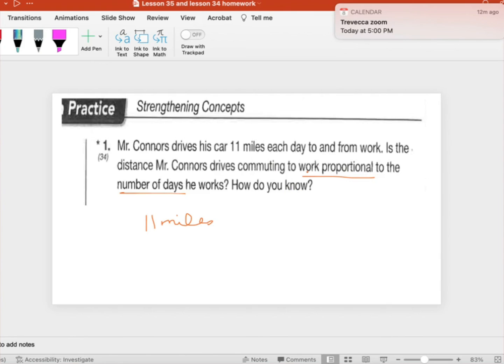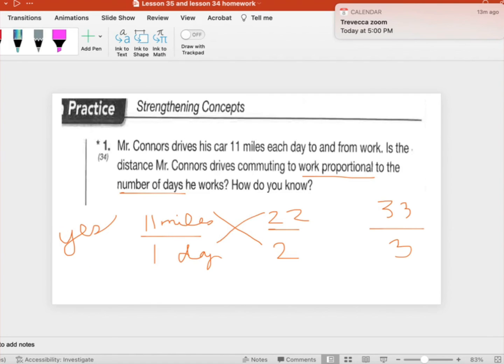The number of miles that he drives is going to be proportional to the number of days he works, because he drives 11 miles every day. So if he drove 11 miles in one day, then we could expect him to drive 22 miles in 2 days and 33 miles in 3 days. And those would all simplify to 11 over 1, wouldn't they? So yes, it is proportional. And if we cross multiplied, we'd get 22 and 22, right?